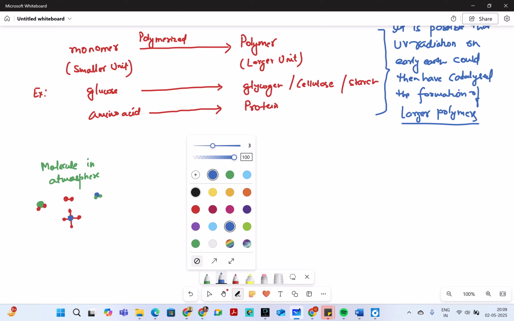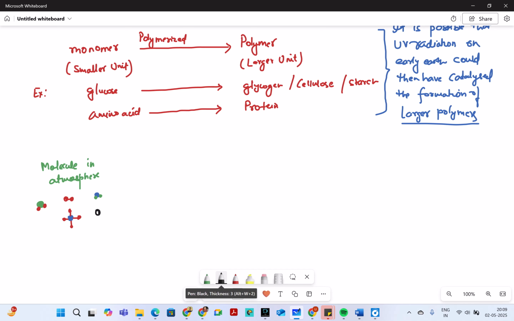So NH3 is, let me put hydrogen, right? So green is oxygen, right?